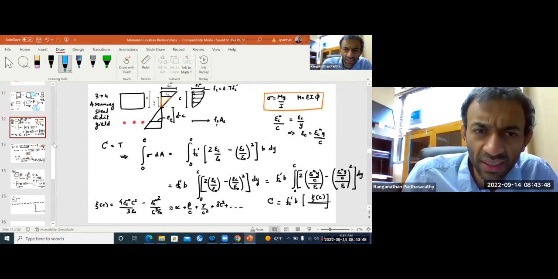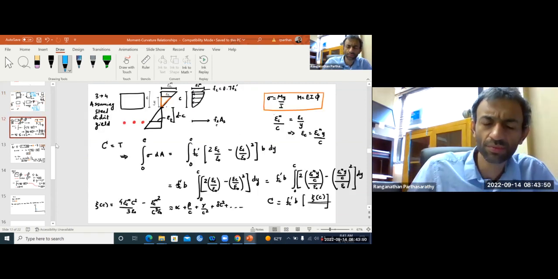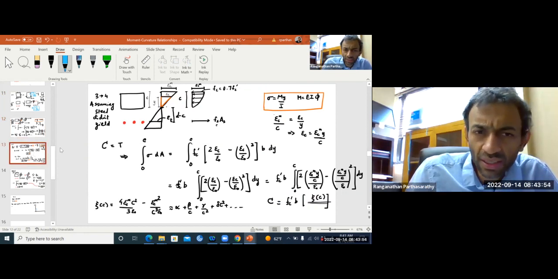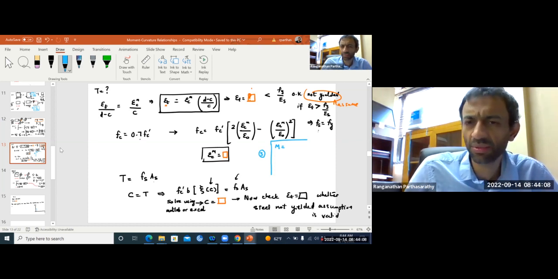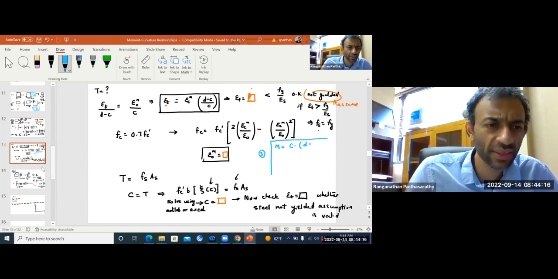Now point 3. How do you find M? M is C or T, both are the same since you found C, times the lever arm. What's the lever arm?